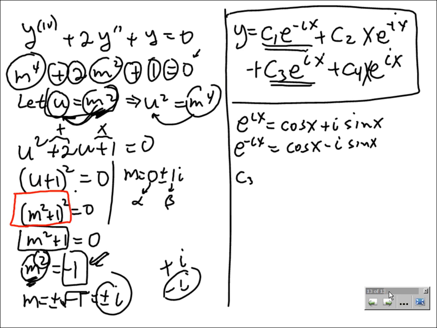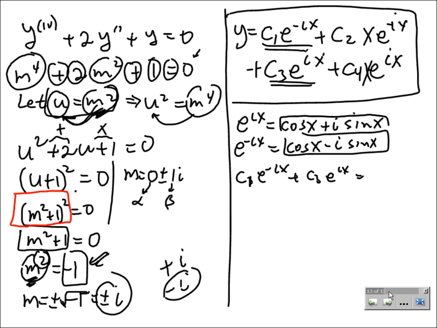Let me say C1 first. It's C1 e to the negative ix, which is this, plus C3 e to the ix, which is C3 times that. That is this plus this.